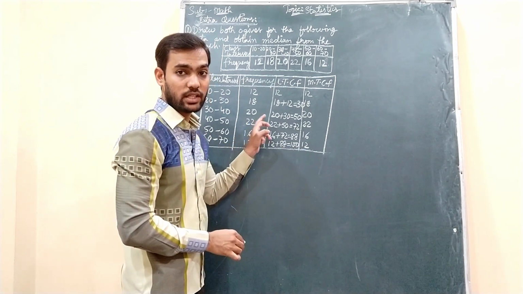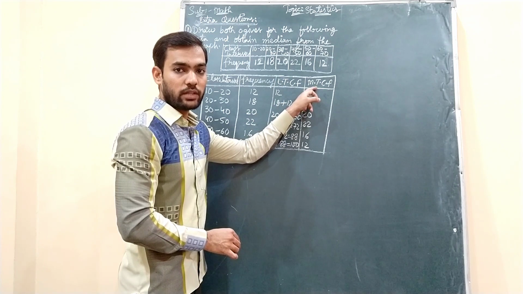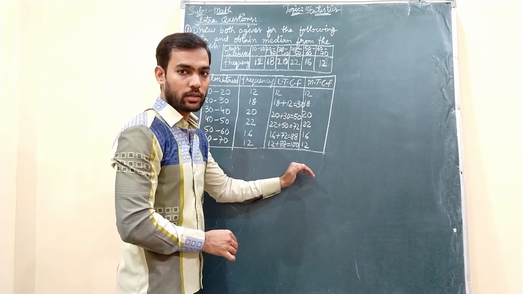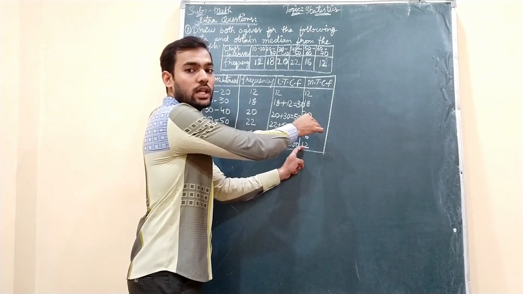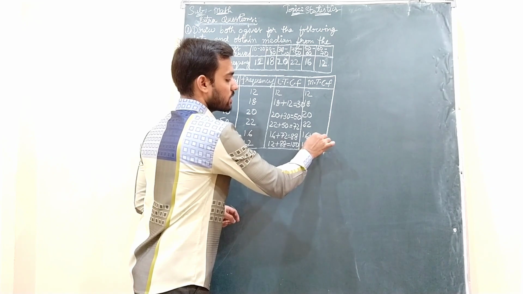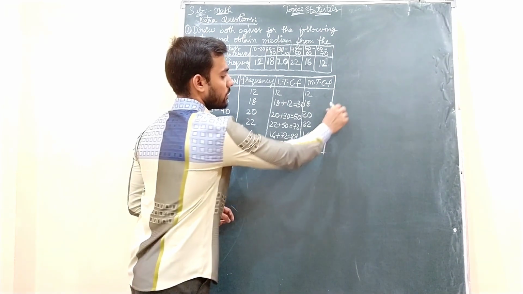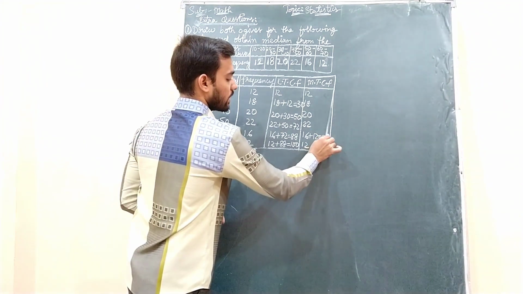Okay students, less than cumulative frequency we start constructing from the top row, whereas more than cumulative frequency needs to start from the bottom row. So this 12 remains as it is, but this 12 gets added to the row above it. So 16 plus 12 is how much? 28.